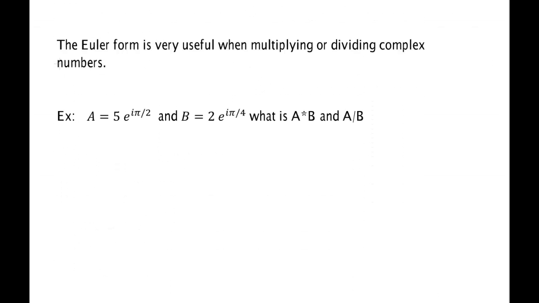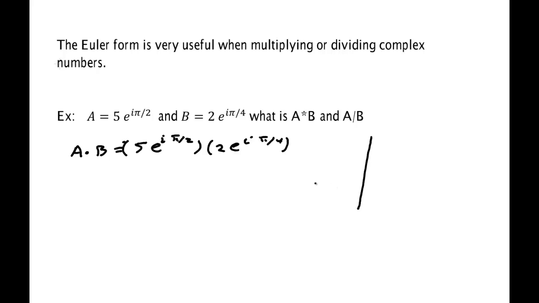The Euler form is extremely useful when you multiply or divide complex numbers. Example, you want to find a times b. A times b is 5e^(i pi over 2) times 2e^(i pi over 4). So we're talking about taking an arrow like this and an arrow like this, where this is pi over 4, and multiplying those two arrows together.